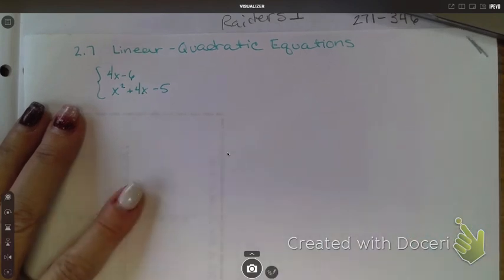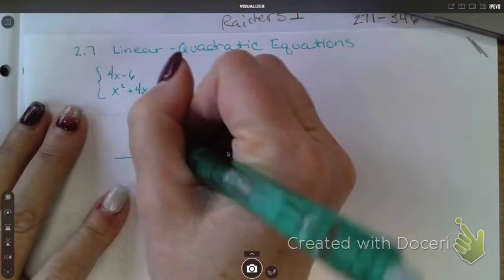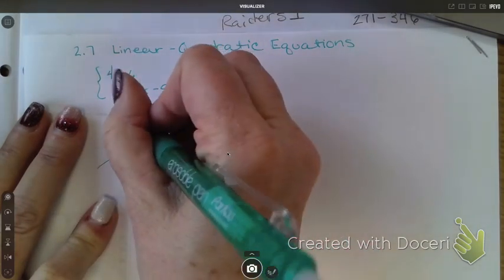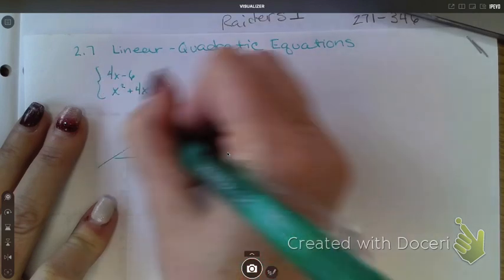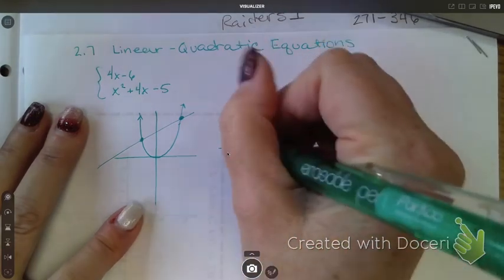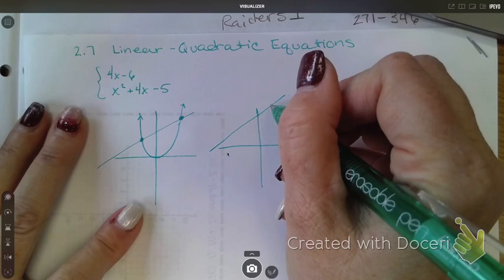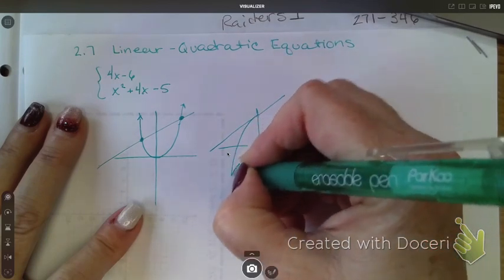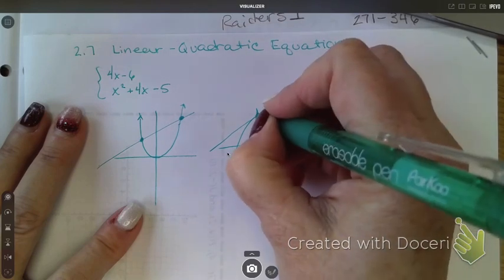So remember, we could graph them. Here's my linear, and here's my quadratic, and they could have two solutions, yes? Or here's my linear and here's my quadratic, and they can only have one solution.